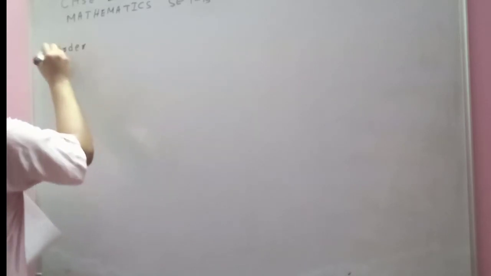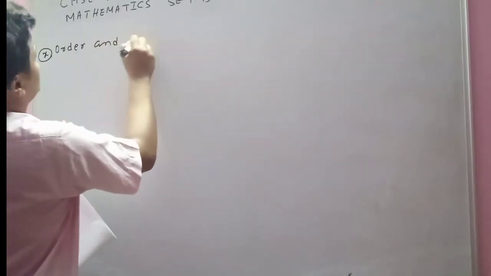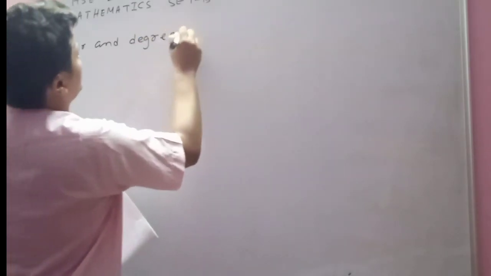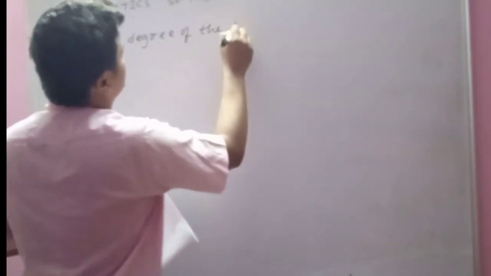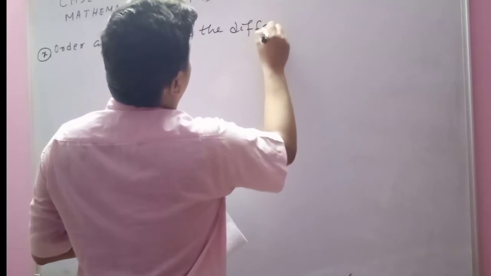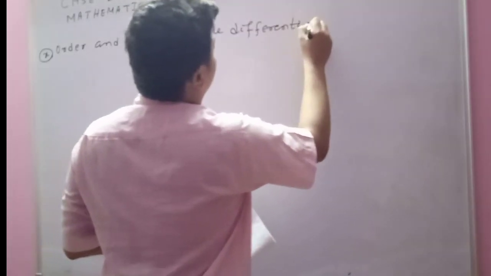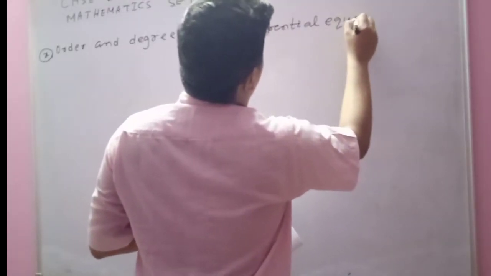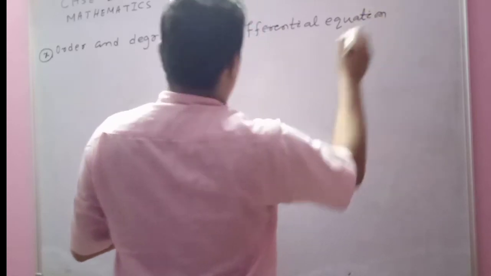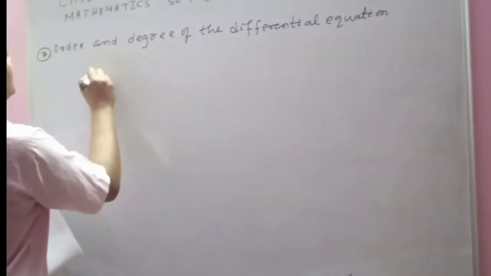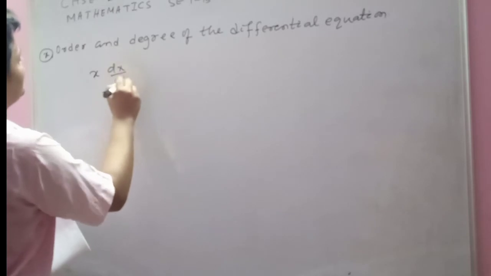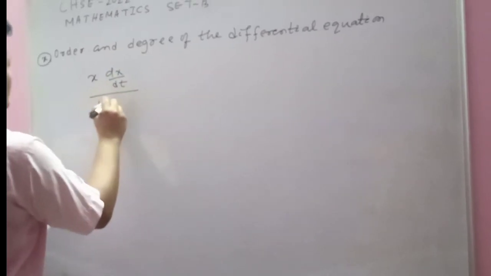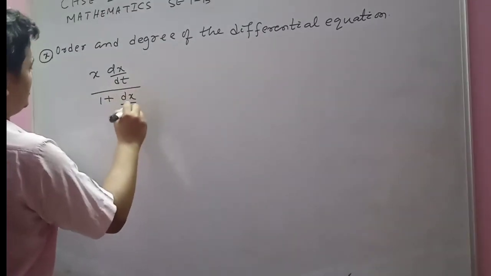Order and degree of the differential equation: x dx by dt equals root of 1 plus dx by dt.